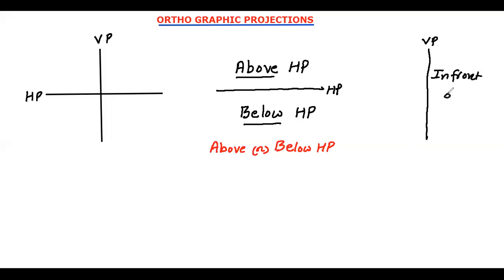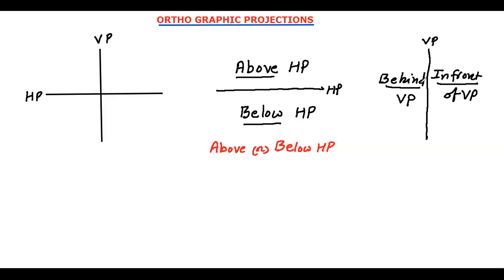Remember this word, in front. And all the objects which are located on this side are called behind VP. Remember this word, behind. These are the standard words. You should never miss those words.